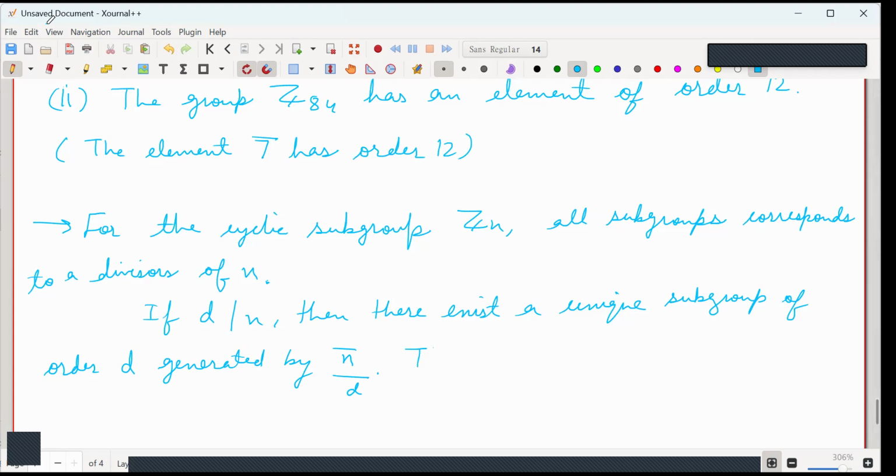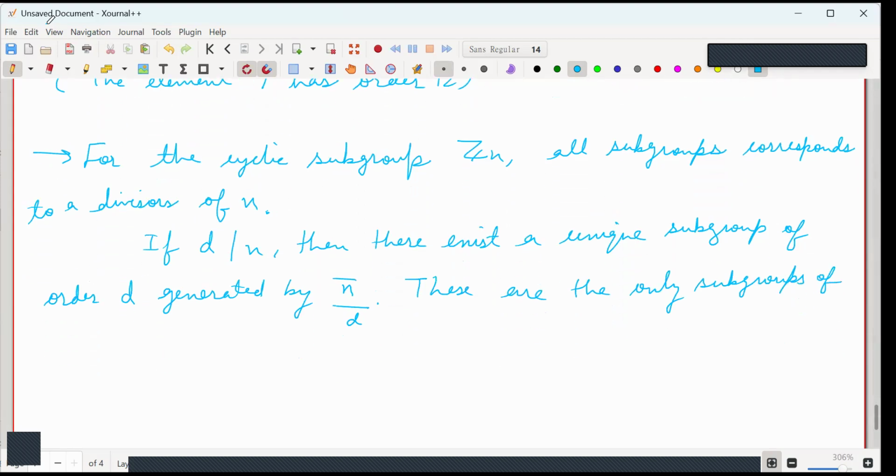And in fact, these are the only subgroups of Zn. So if there were a subgroup of order 26, it would have to be generated by n by d bar. But there is no n by d bar, since n is not divisible by d in this case. So there won't be a subgroup.